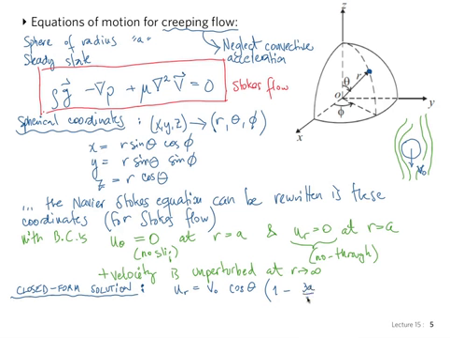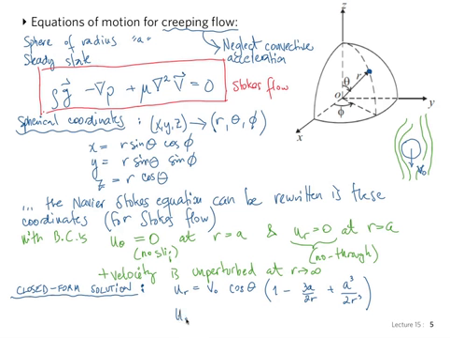1 minus 3a over 2r plus a cubed over 2r cubed, r being, of course, the variable in the radial direction, and a being the actual radius of the particle.